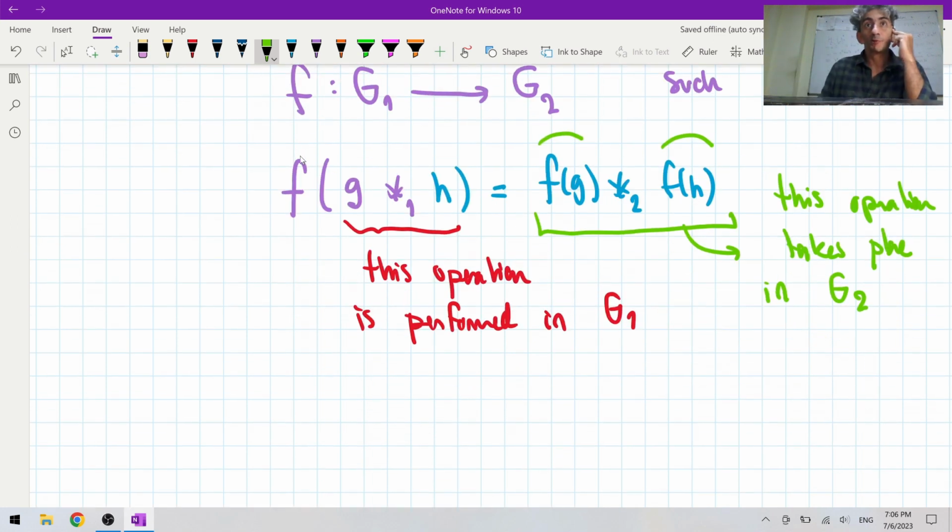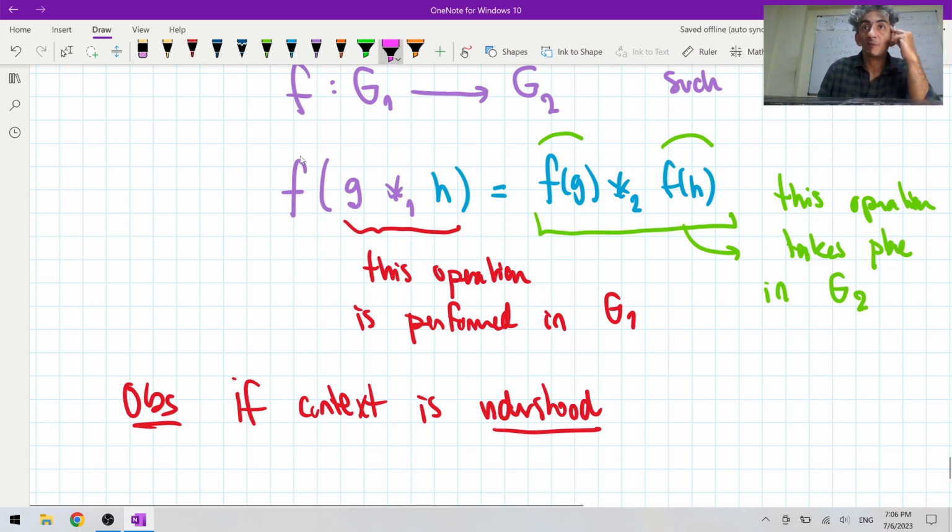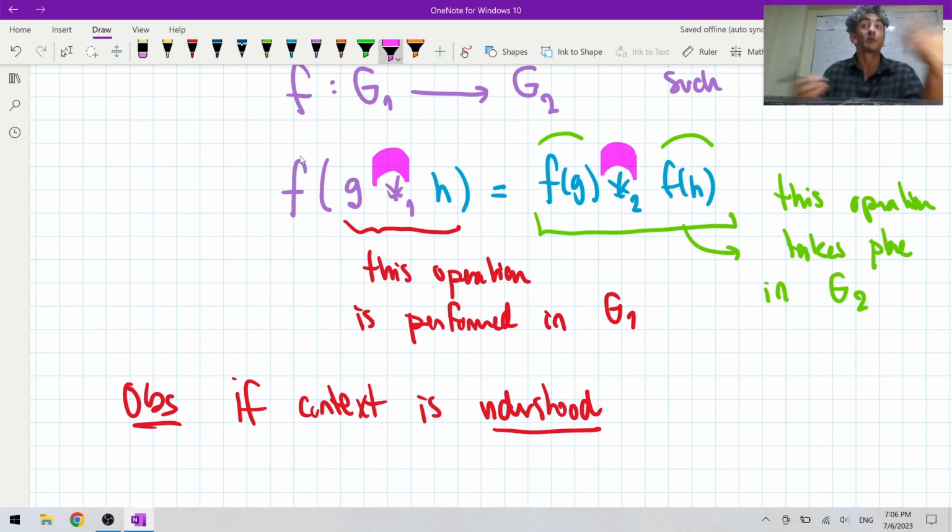Usually, if context is understood, we will always have in mind that these operations are different, and we may use the same symbol for them, always keeping in mind that these are different operations performed in different sets.